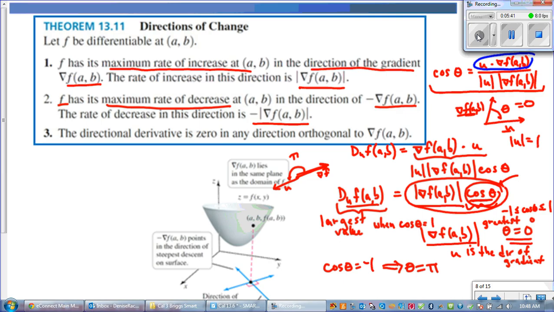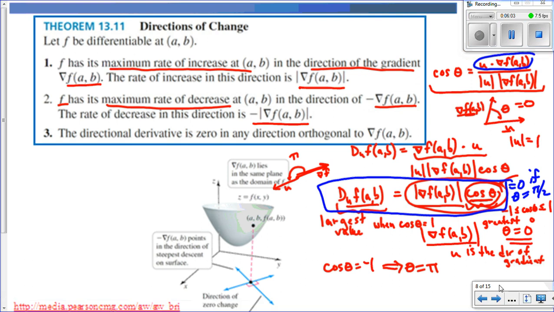Now, if we want to have a directional derivative of 0, this value will be 0 if the angle theta is pi/2. So what that means is that if this gives us the direction of the gradient, this would correspond to the greatest increase along the surface.